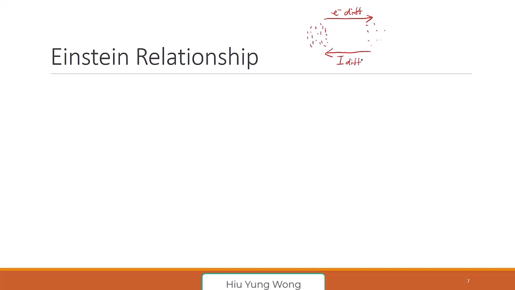Can this keep going forever if I don't do anything? If I just apply, let's say, zero bias to this system, can I keep diffusing electrons to the right forever? No. Why?